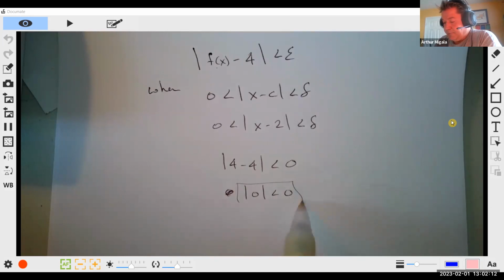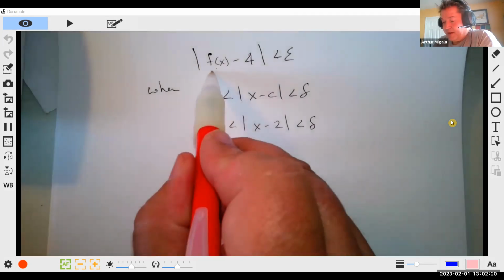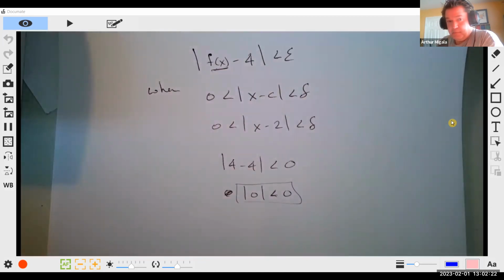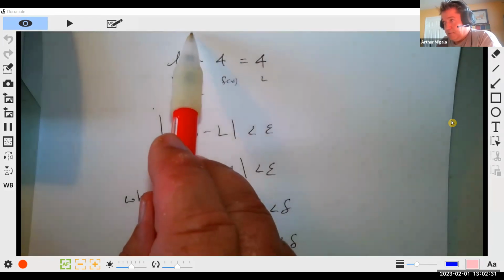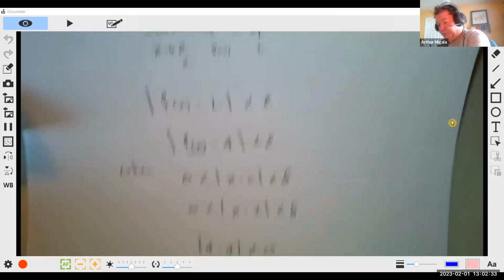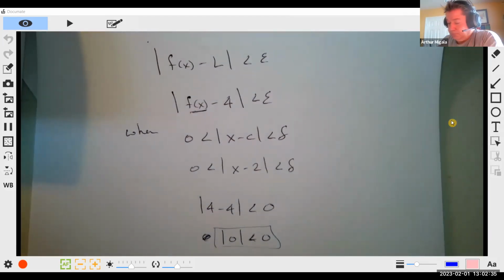Okay, now there's a problem here, because 0 is not strictly less than 0. It's equal to. So what we have to do is find another function that's within our domain, that's not equal to 2. So let's just use x.